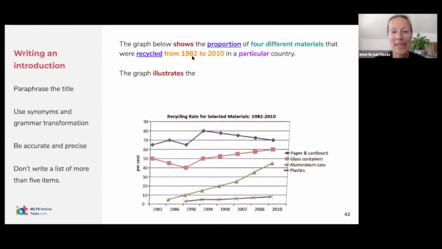And now you need to somehow combine these 2 words. What could you say? Proportion and recycled. Yeah, so some of you are sort of getting it, yeah? Okay, recycling rates. Okay, so instead of proportion, you can say rates. Okay, now this one, 4 different materials.